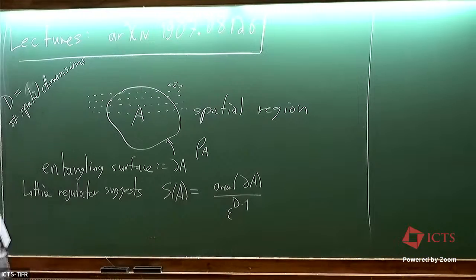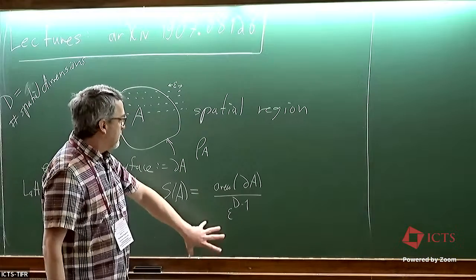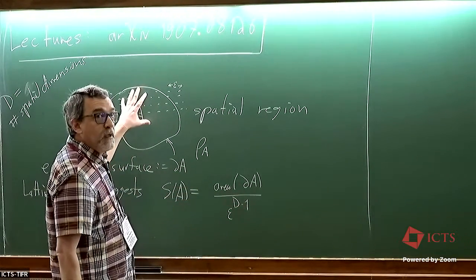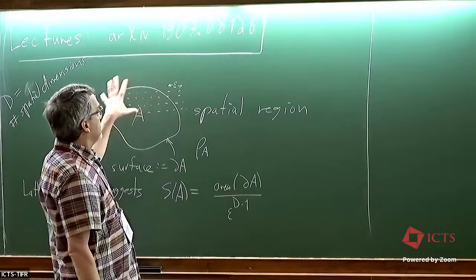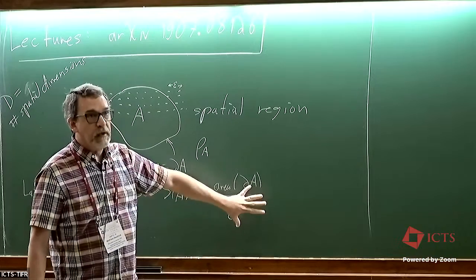Okay, and the point that I made at the end of yesterday's lecture is that from the point of view of the maximum possible entanglement for the set of spins contained within this region, this is actually a very small amount of entanglement.